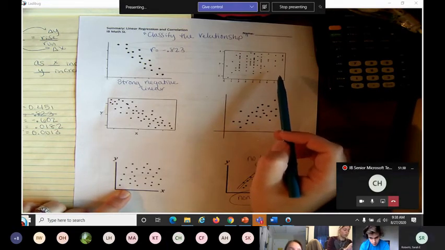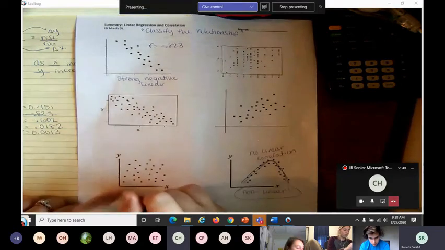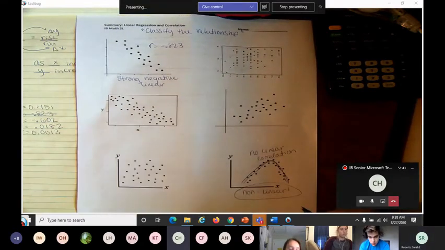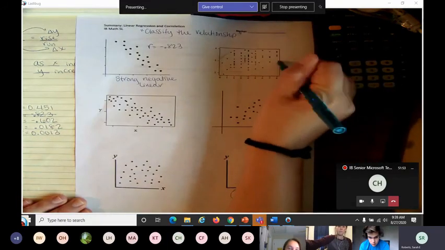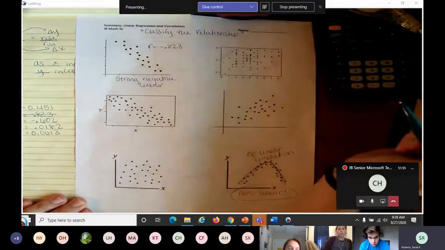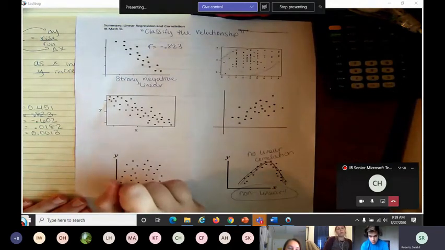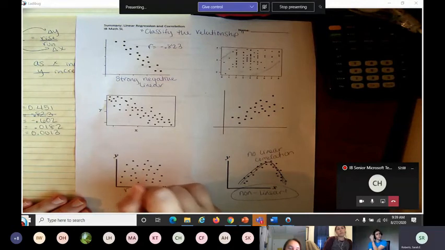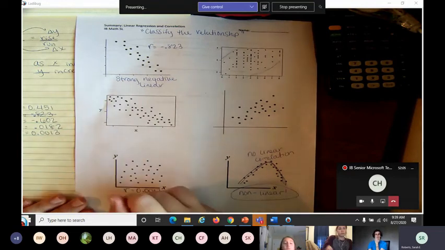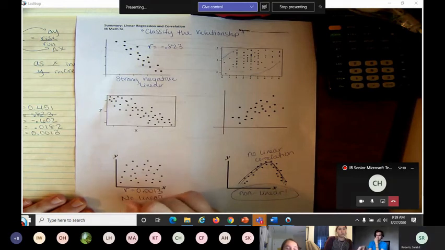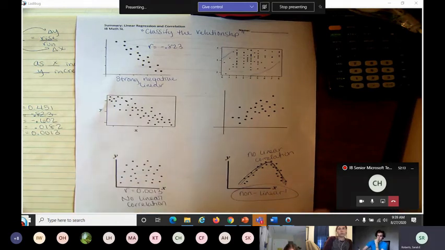It just looks like a line, like a big line. I see what you're saying. We could have almost like a positive-ish bubble going around up here, right? Whereas down here, we have significantly less of a correlation. So we would say no linear correlation. That one is tough though, okay?